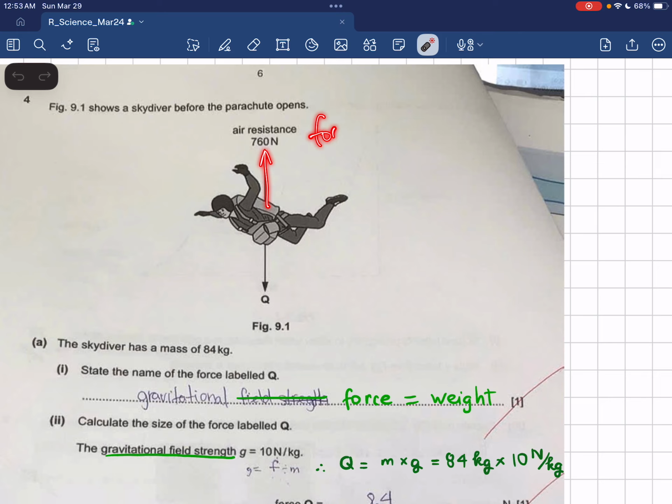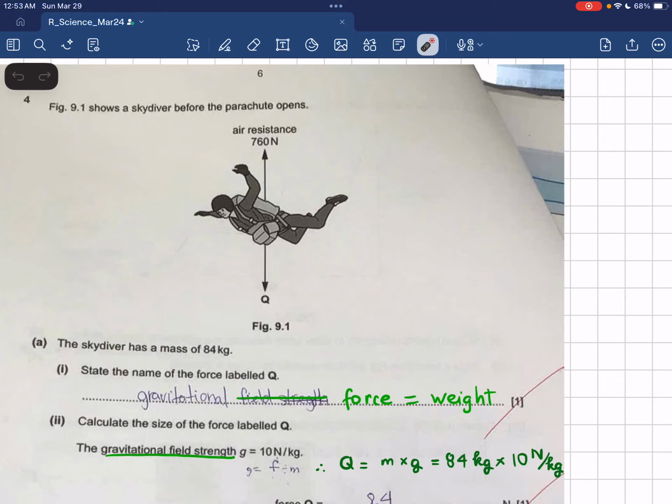That's a force exerted by the air on the skydiver, and the strength of this force is 760 Newton. And then he also undergoes another force that pulls downward, and this force is the reason that's pulling him downward towards the route.